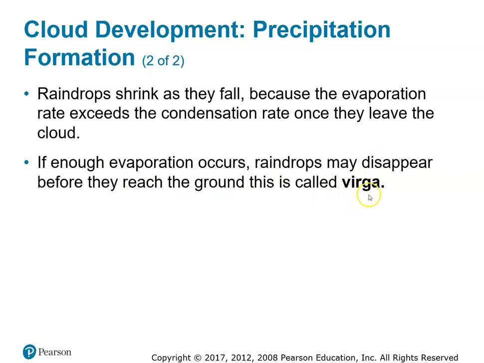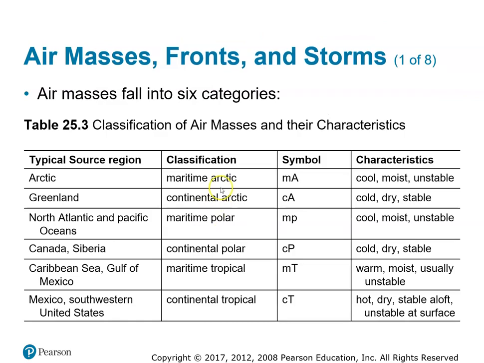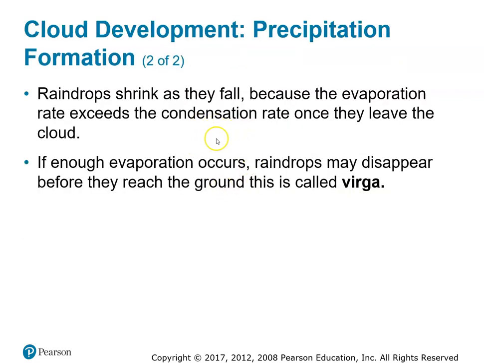It's called virga. All right, so it's raining, but it's only raining in the sky. The rain doesn't actually reach the ground. And that happens a lot actually. And of course, that's not really good for farmers. You want the rain to hit the ground.